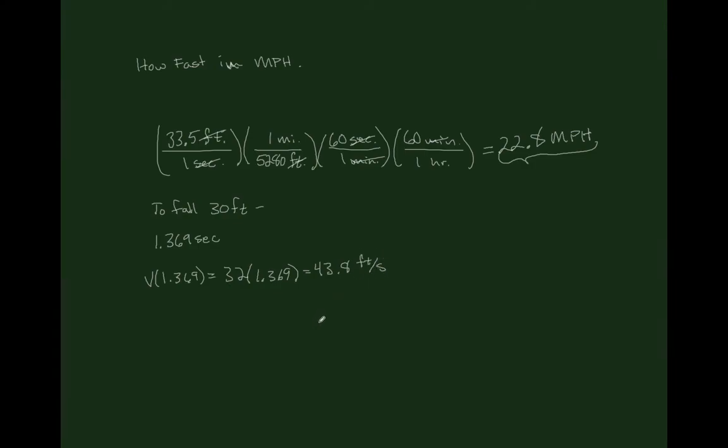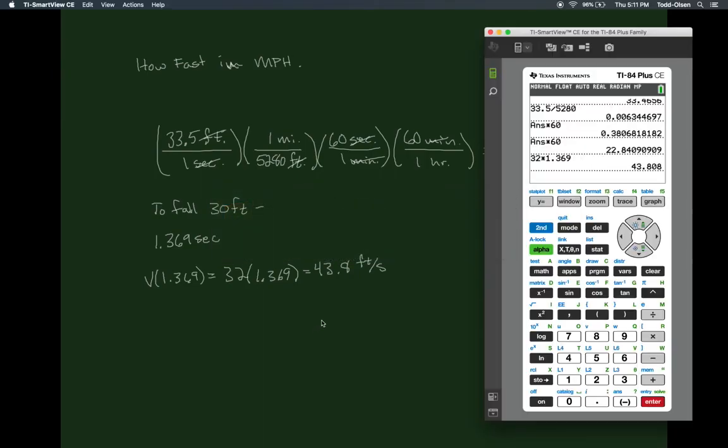And again, I'm curious about miles per hour. So I'm just going to do the same calculation as before. Divide this by the 5,280 to convert from feet to miles, and then I can multiply by 3,600. 60 times 60 is 3,600. A little shortcut. So that's about 29.9 miles per hour.